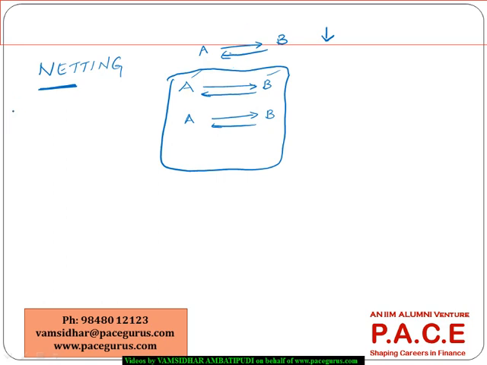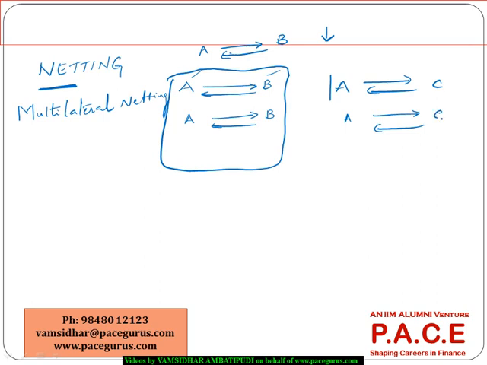But the same thing can be extended to a situation of multilateral netting, wherein we are even trying to bring in multiple counterparties. Probably there are some with respect to C. The overall netting with multiple counterparties is what is called the multilateral netting agreement.